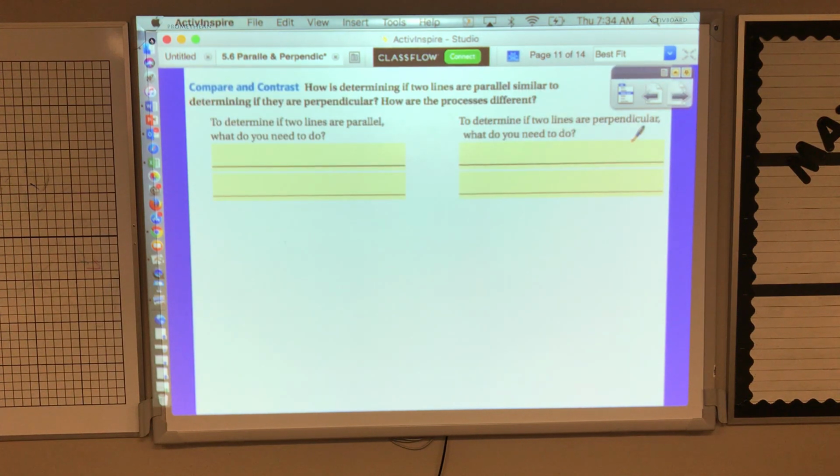So how to determine if two lines are parallel is similar to determining if they are perpendicular. To determine if two lines are parallel, we know that the slopes have to be the same, and that the y-intercepts have to be different.